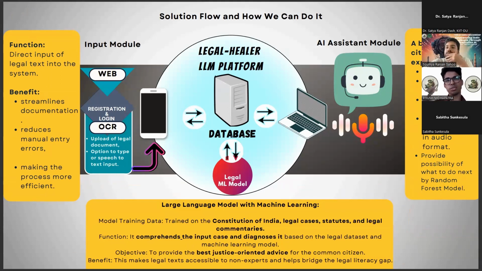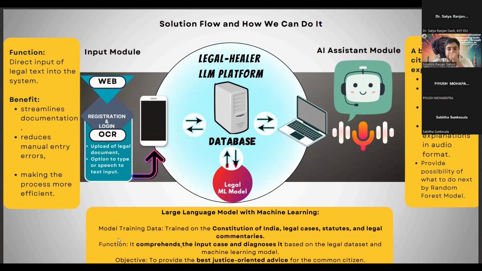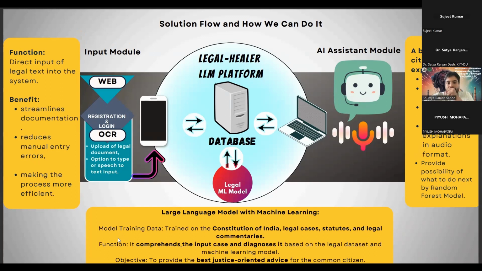People even fear to go to court. For basic things also we are relying on others. Plus there is the unaffordability of the legal system. For example, a good lawyer may cost really high, but at least to know your present state and what legal options you have, if we have the AI assistant with us, it can give us a suggestive note that this is your case, these are your legal options, and this is your report, and it will explain it to us.